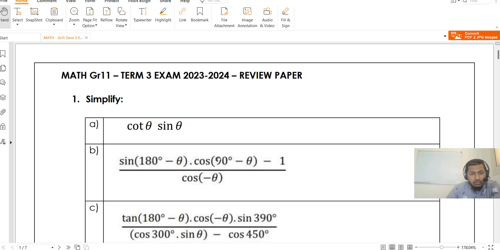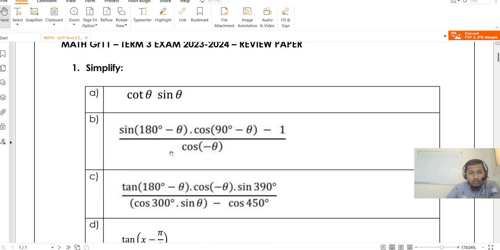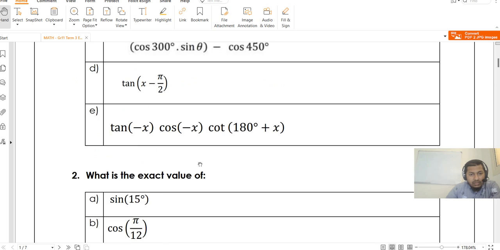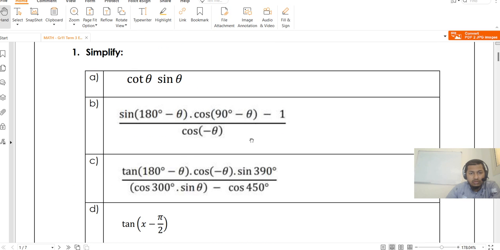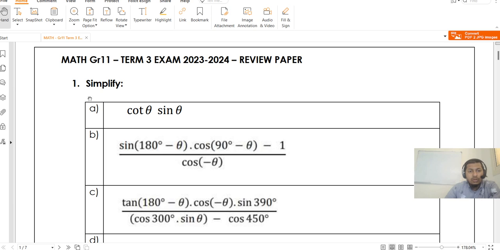So going over, just briefly going over question 1 and 2, let's see what are some of the formulas or topics that you've got to revise. So first one, cot theta sine theta.